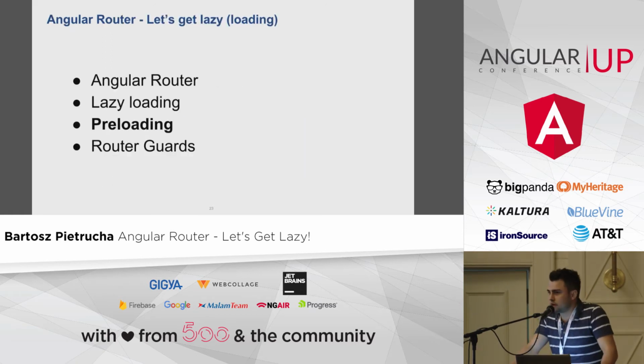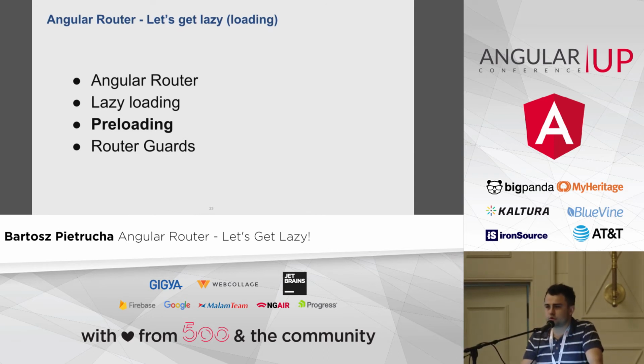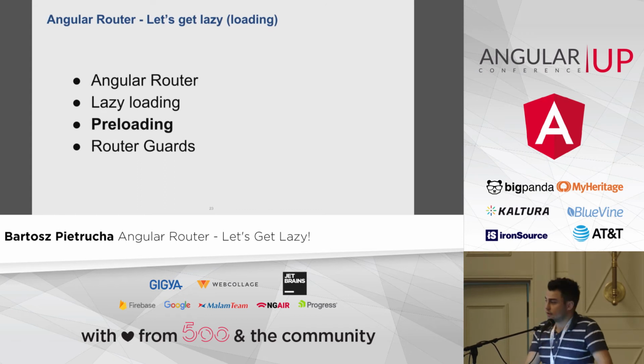So we talked about the router, the basics, what it does for you, and what is the purpose of routing. We said a few words about lazy loading, but imagine that we want to still have lazy loading, but we want to have some modules preloaded in the background once the user uses the application, and once he types the particular URL and the state, the modules would be already loaded.